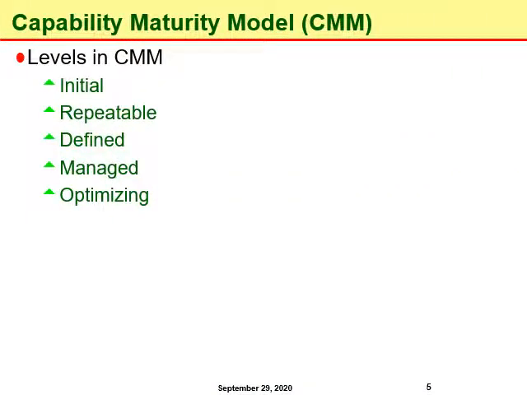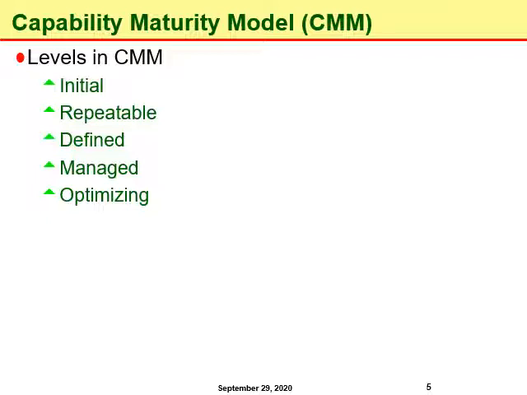The CMM has 5 levels, and each level has various key process areas defined. To achieve a certain level of the CMM, the requirements related to a specific key process area have to be met. So there are 5 levels in CMM, and they include initial, repeatable, defined, managed, and optimizing.